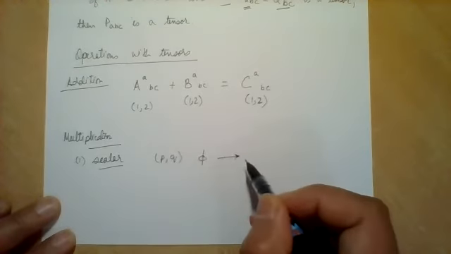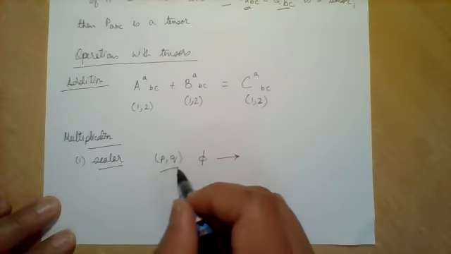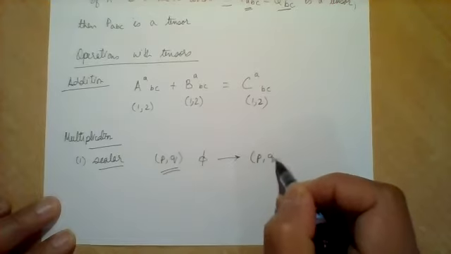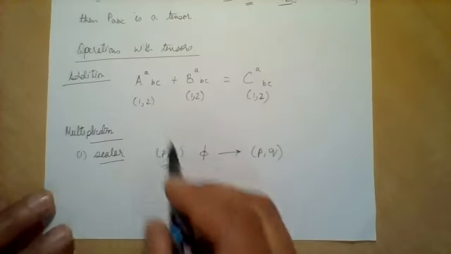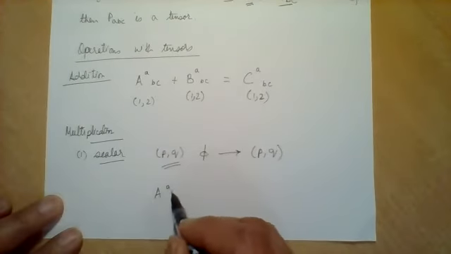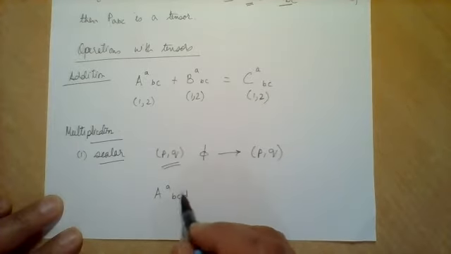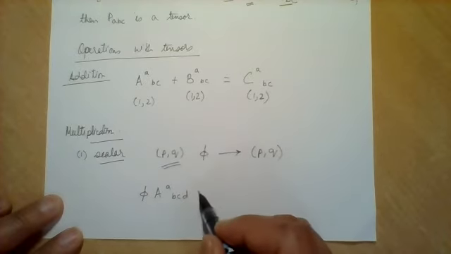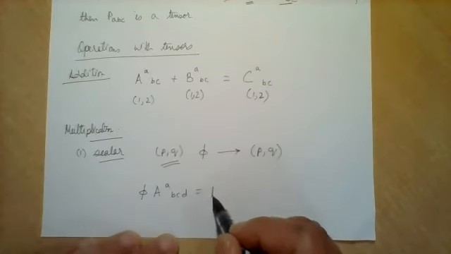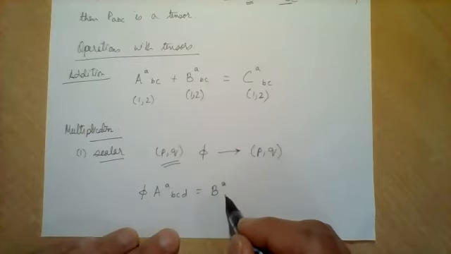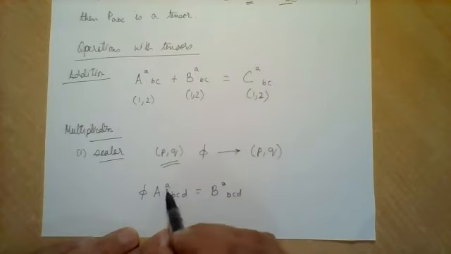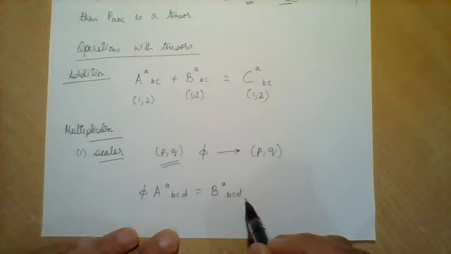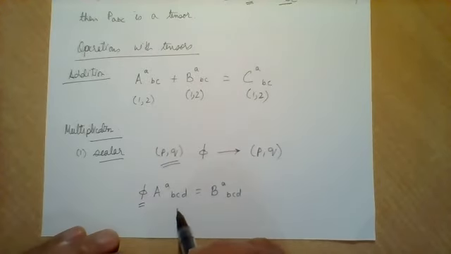I will get a new tensor, and it will be of the same type (p, q). For example, if I have a tensor A^a_bcd of type (1, 3) and multiply it by a scalar field phi, I get a new tensor B^a_bcd of the same type. Multiplying by a scalar does not change the type of the tensor.